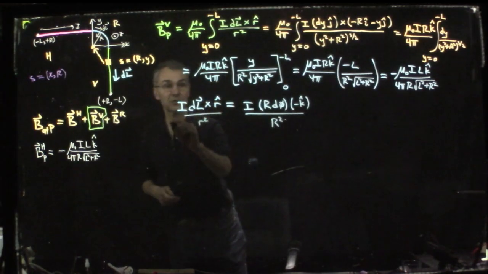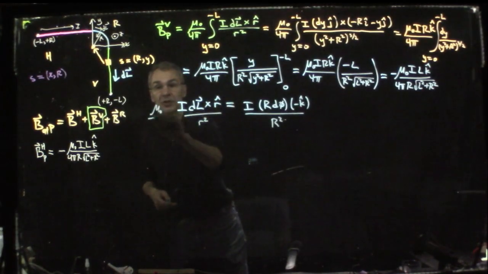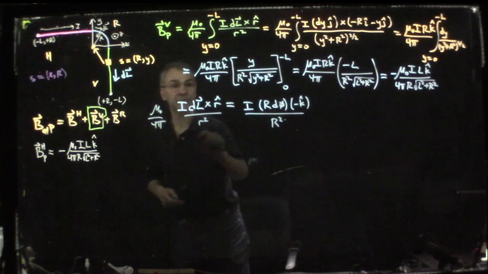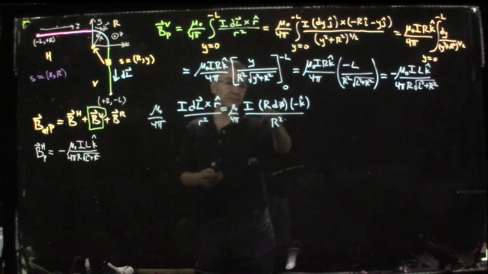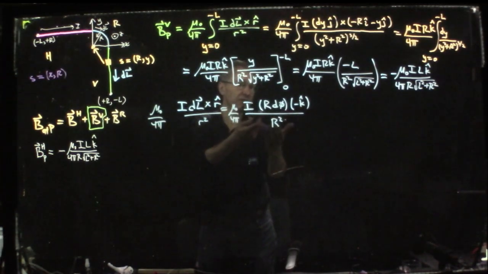And then we actually wanted to multiply by mu naught over 4 pi. So here's mu naught over 4 pi, and then the only integral left is an integral d phi.